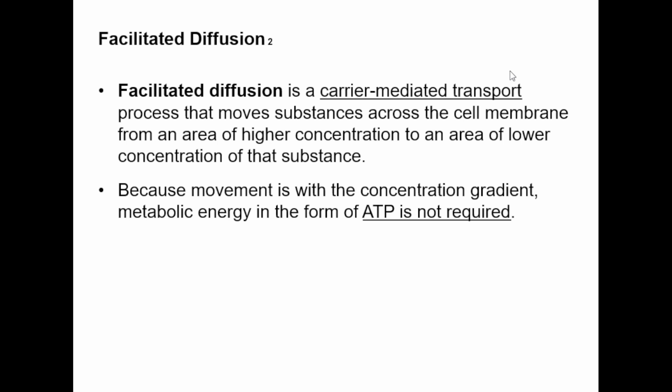And when we say facilitated diffusion, this is the movement of substances across the cell membrane from an area of higher concentration to lower concentration. Basically, since it is still a diffusion, it still follows the concentration gradient. Okay? Thus, since it is a diffusion, it does not require ATP, or passive transport pa rin siya.